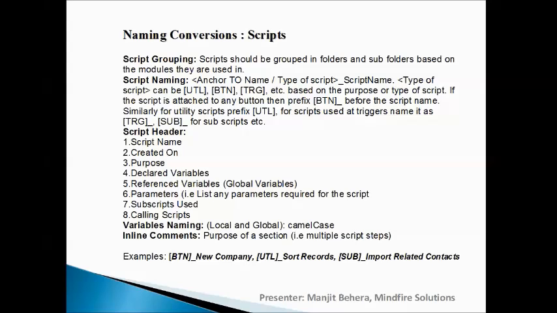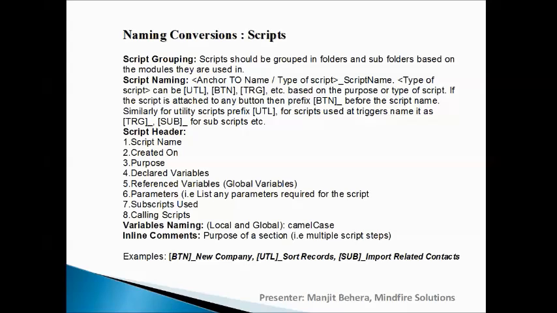Then the sixth point, that is the parameters, that is the most important thing, which is the input data of the current script, because in FileMaker scripts are also nothing but functions.